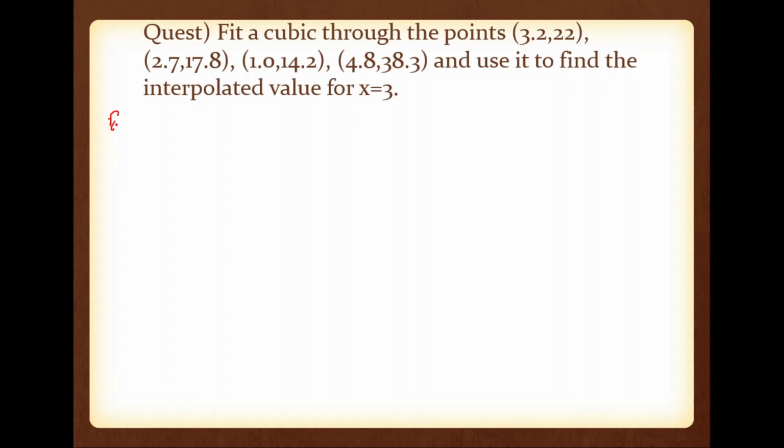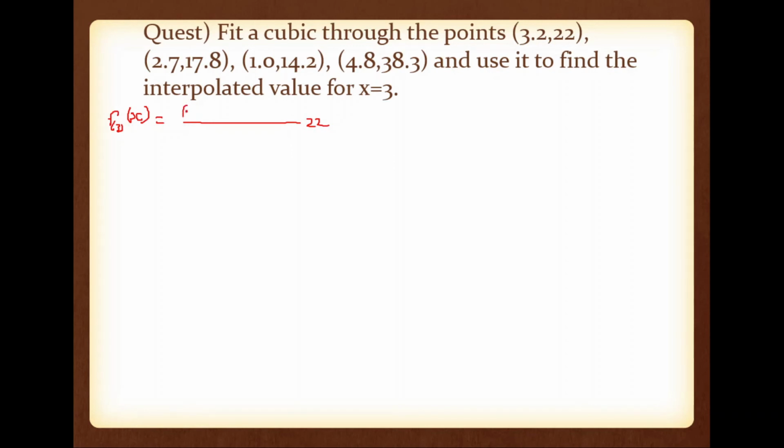So f3 of x is equal to, what's the thing? Here we have what is the first element? First element is 22. And what is the corresponding x element? 3.2. So except 3.2, we have to add all other elements in the numerator.